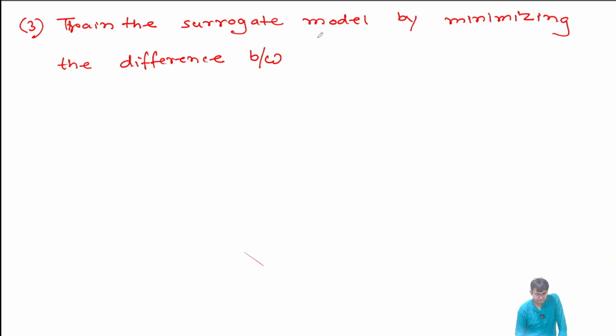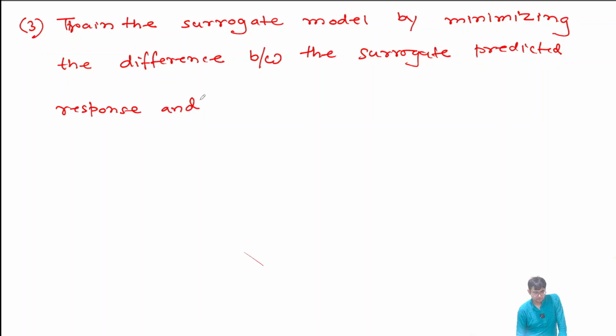Difference between the surrogate predicted response and the response obtained from the simulator.